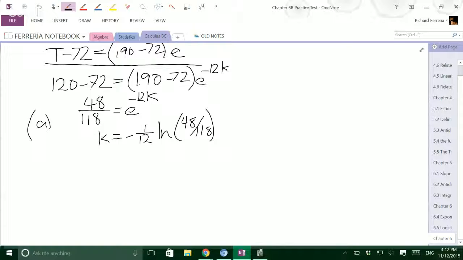My calculator. Part B. T minus 72 equals 118 e to the 25k.